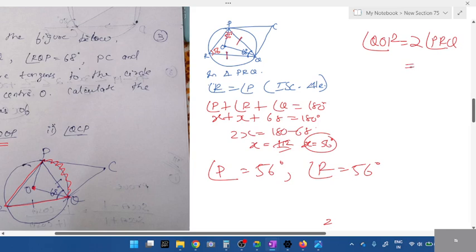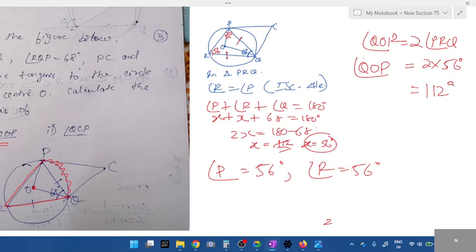PRQ, right? So QOP is equal to 2 times PRQ. PRQ is what we got, 56. Yes, 112 degrees. So that's the reason we found the triangle value first, the R value. So angle QOP is equal to 112. Just a minute.